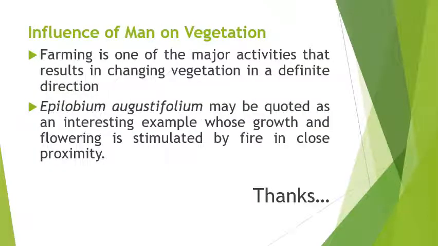In more settled regions of the earth, the biotic factors which have caused the greatest impact on the vegetation are those which have resulted from man's manifold activities. Farming is one of the major activities that result in changing vegetation in a definite direction.